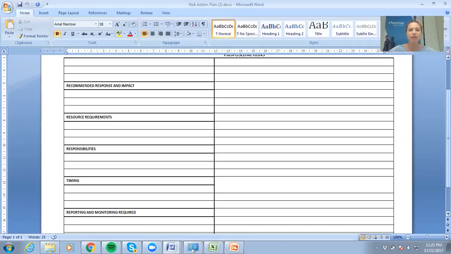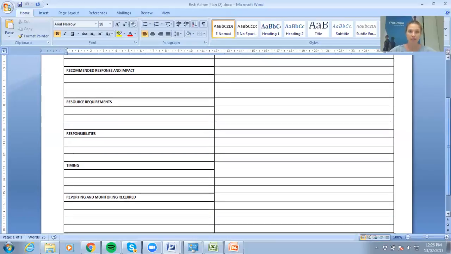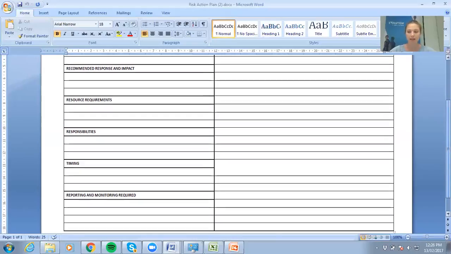Then looking at reporting and monitoring required. So what kind of reporting and monitoring would you need in place on the day of the event and after the event has occurred to work out whether or not your response to the risk was effective?